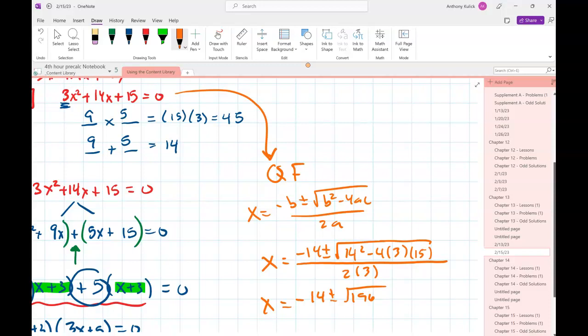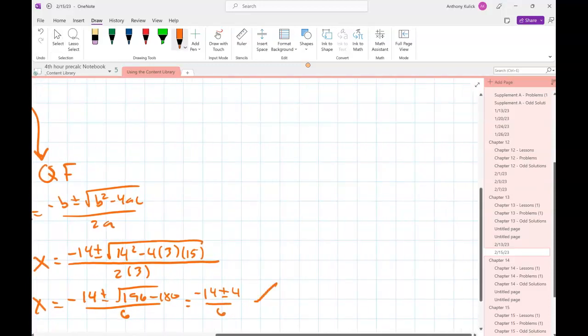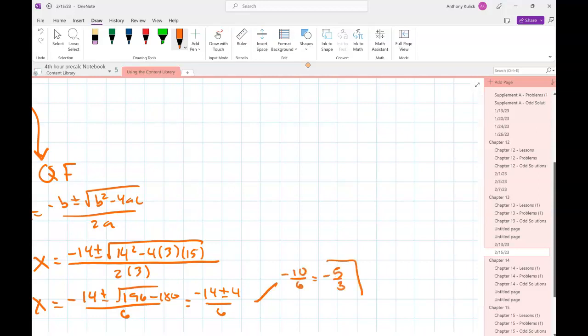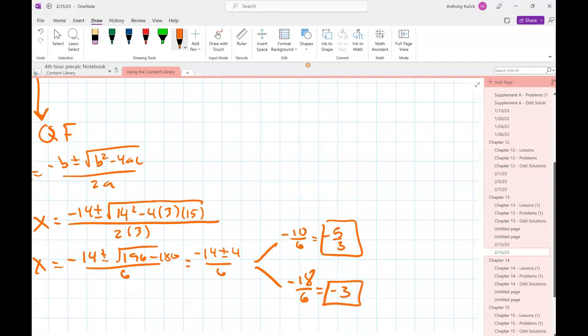And 4 times 15 times 3 is 180. 196 minus 180 is 16, and the square root of 16 is 4. So negative 14 plus 4 is negative 10 over 6, or negative 5/3. And negative 14 minus 4 is negative 18 over 6, which is negative 3. Notice those are the same results that we got below. If you prefer to do that rather than going through the rigmarole of factoring it, that's certainly an acceptable method as well.